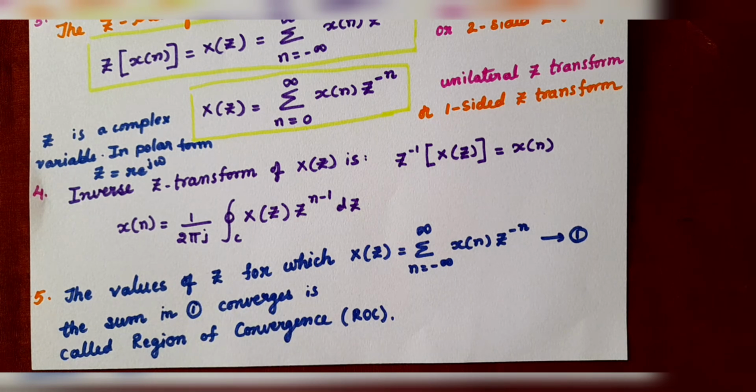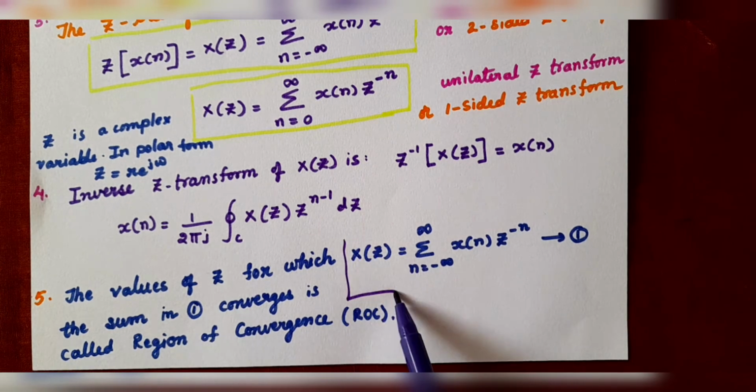Okay, the values of z for which the sum in equation 1 converges is called the region of convergence.